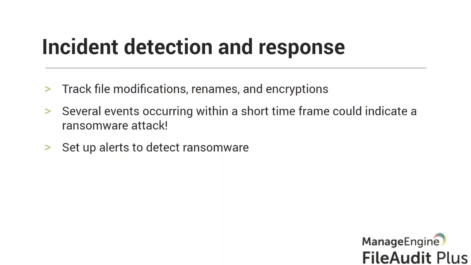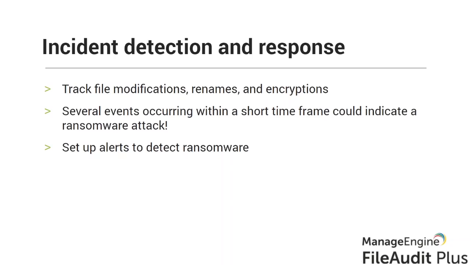You can track modifications being made to them, the files that are getting renamed, and the files that are getting encrypted, right? You know that ransomware is going to do these things. So why not track these things? If it doesn't happen, great. It's fantastic. But if it does happen, if you're tracking these things, you can detect ransomware immediately, right?